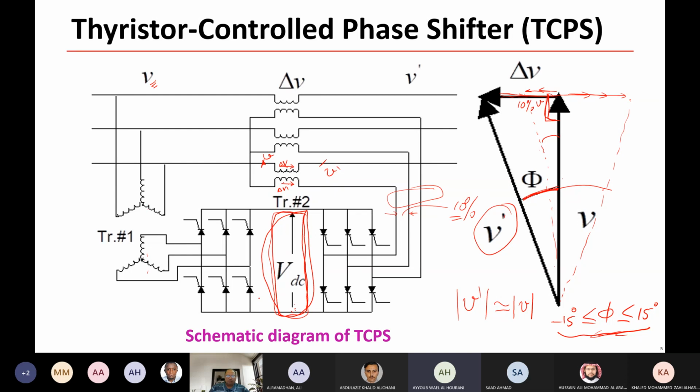What do you mean by quadrature? Perpendicular to V. And if this has an angle delta or theta, then this delta V will be theta plus 90. And the phase angle between V and delta V is 90 degrees. Okay, this is what you mean by quadrature. Yes, this is what we mean by quadrature. The angle here is 90 degrees between delta V and V.